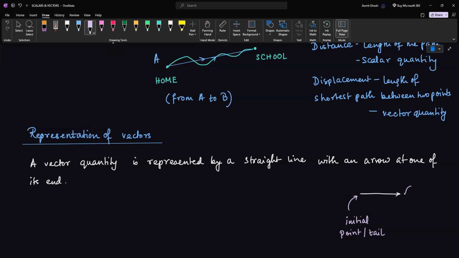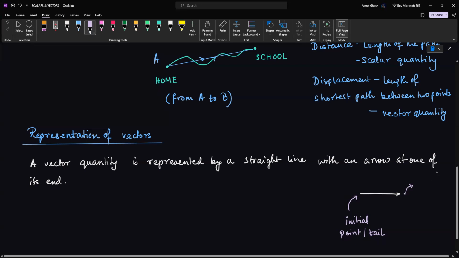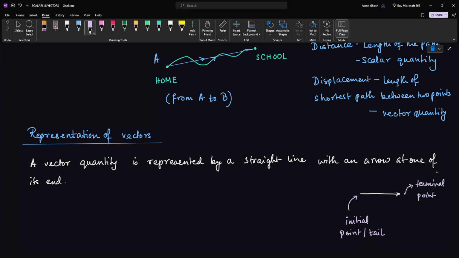And this is known as the terminal point or head of the vector. So it has a direction. If we mention that this is A and this is B, then we represent it as vector AB.